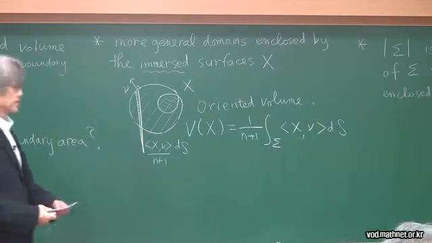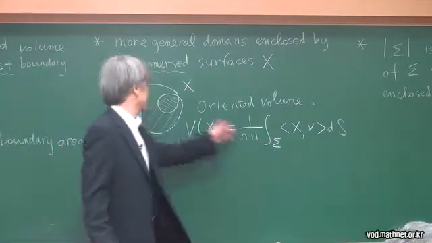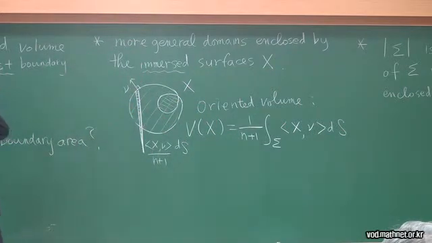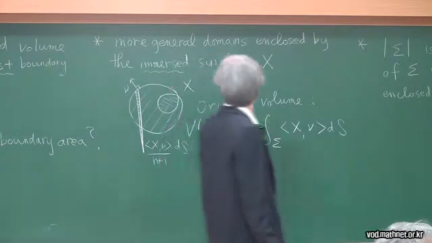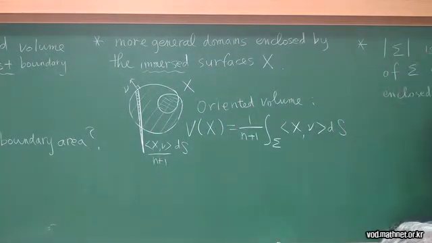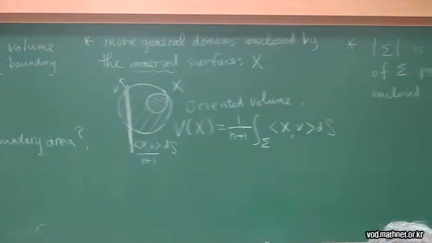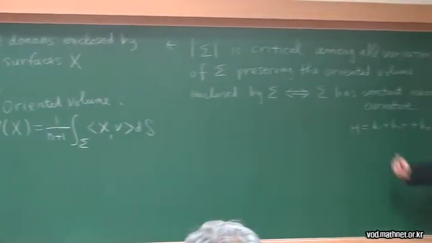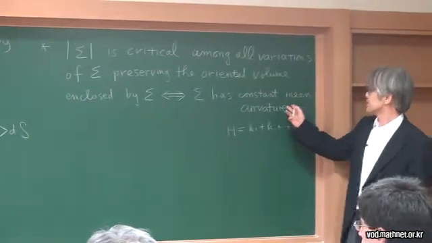Integrate it along sigma, then you get the oriented volume, counting multiplicity. So the critical surface has to have constant mean curvature.